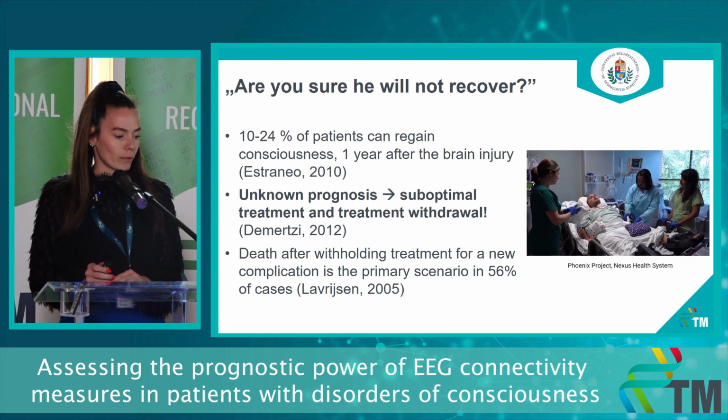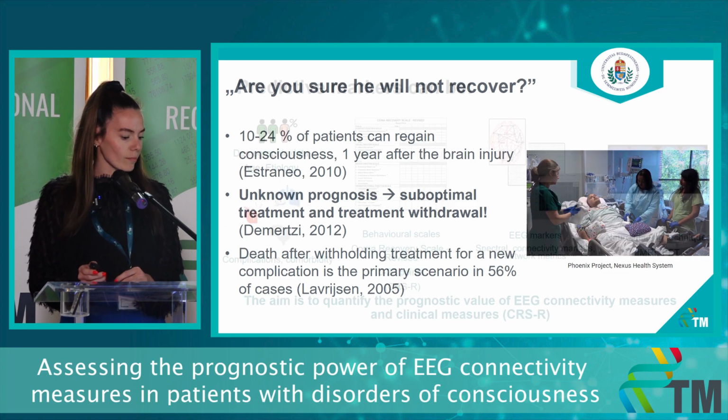And it's very important because an unknown prognosis results in suboptimal treatment and the withdrawal of treatment, which is crucial because withdrawal of treatment for new complications such as pneumonia or urocystitis can cause the death of these patients in more than half of the cases.